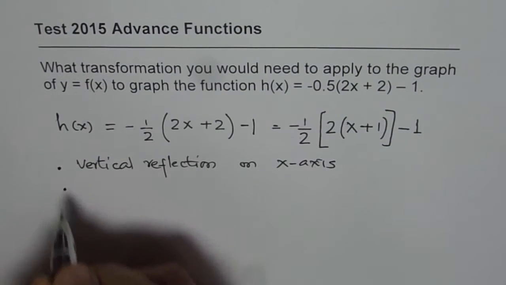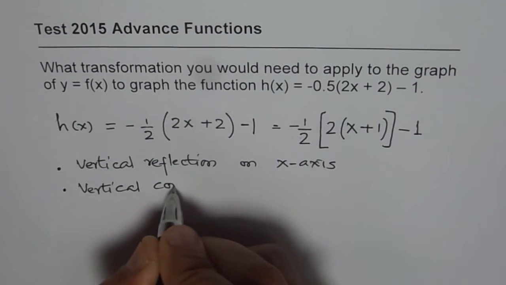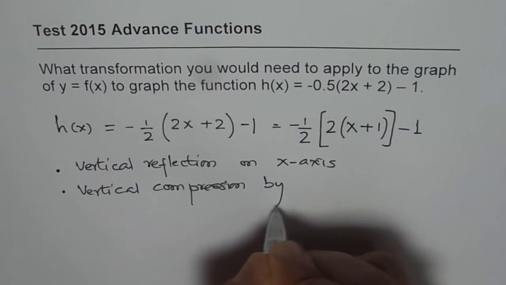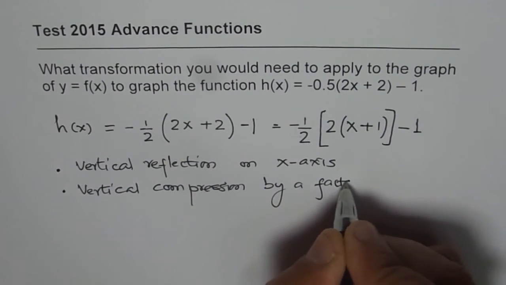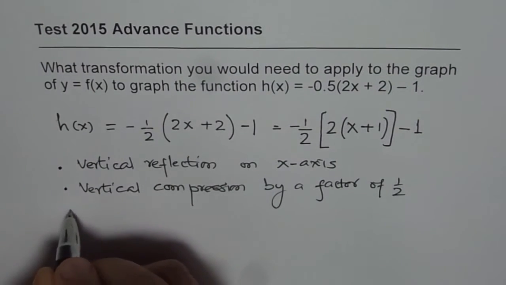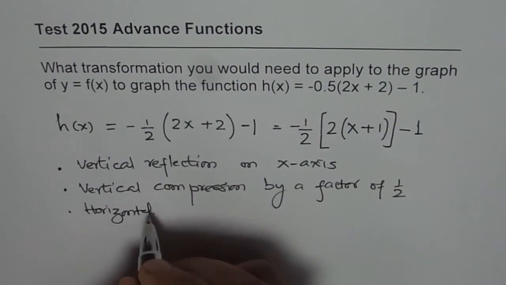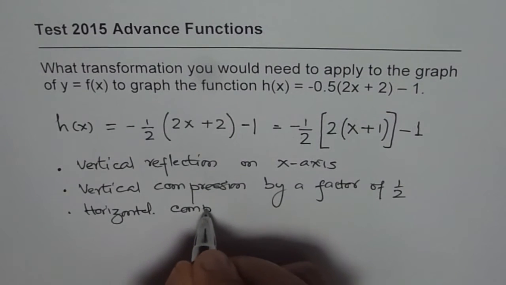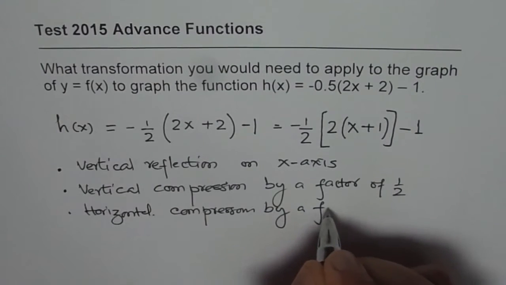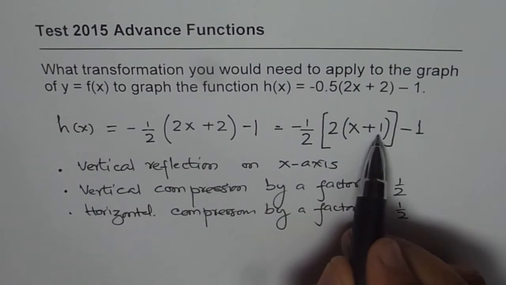And half is vertical compression by a factor of half. 2 is horizontal compression by a factor of half. And then we should write translations.